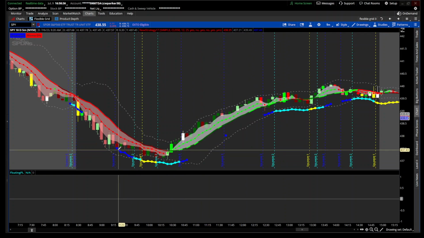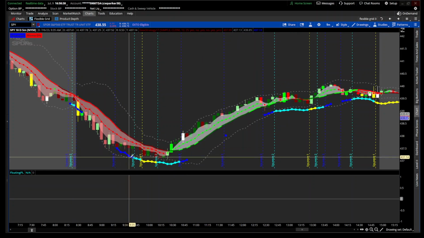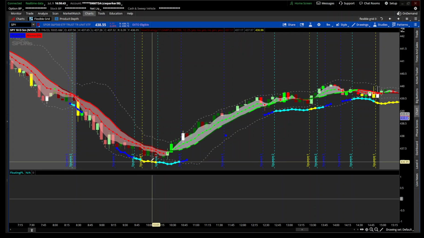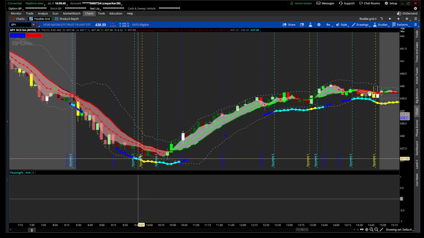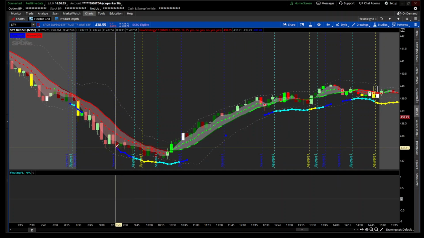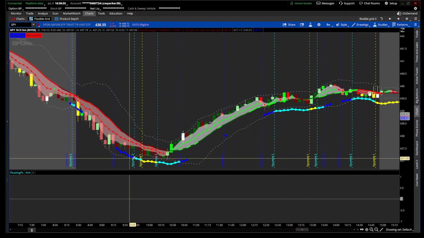And you got your squeezes down here, and these are different phases of the squeeze. The yellow is the tightest squeeze. The bright blue is like a mid squeeze, second to the tightest, and the dark blue one is the weakest squeeze.